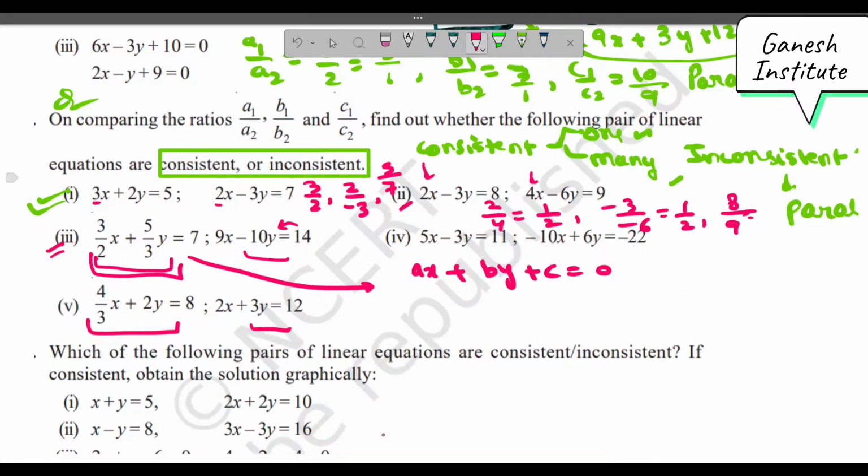So 3, 3, so 9x plus 2, that's 10y equals 7. 9x minus 10y equals 14.